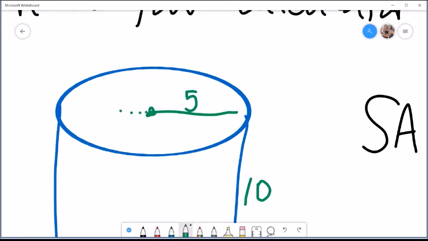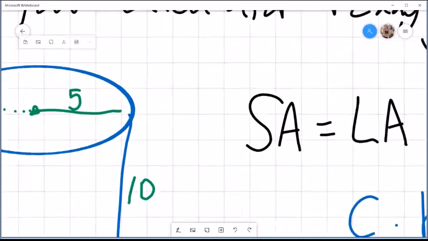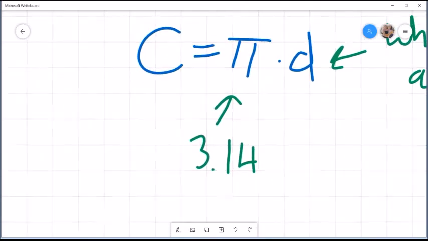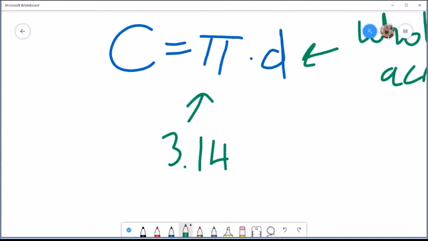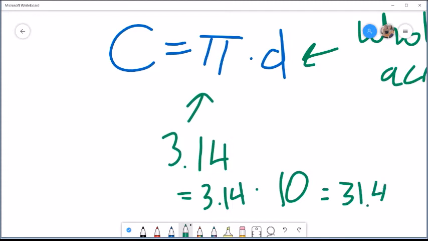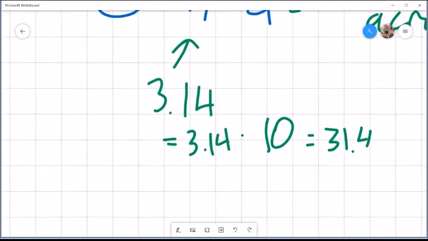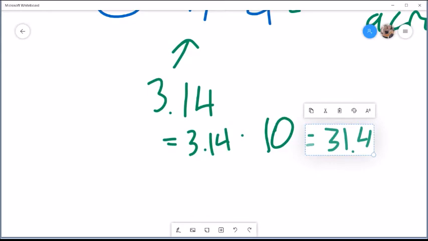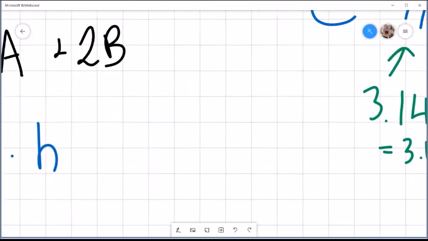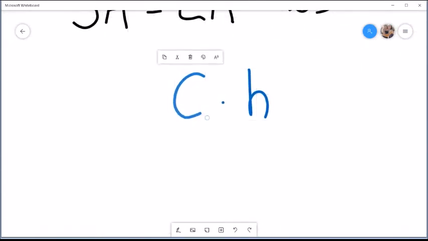If half of it is 5, that means this part is also 5. 5 plus 5 is 10. So to find our circumference, we do 3.14 times the diameter of 10, and that's 31.4. We're going to take that 31.4 and put it here for circumference.